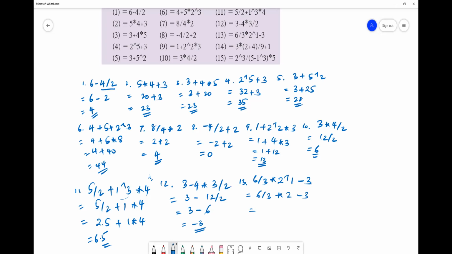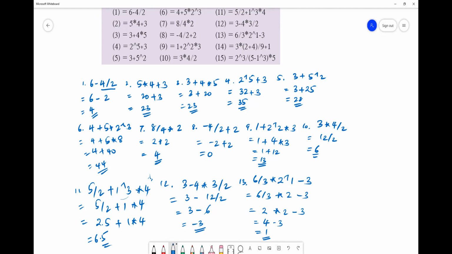Now we have division and multiplication. Division first, that is 2 into 2 minus 3. So this is 4 minus 3, and this is 1. Can you confirm the answer? Yes, 2 to the power 1 is 2. Then 6 divided by 3 is 2. 2 into 2, 4. 4 minus 3.